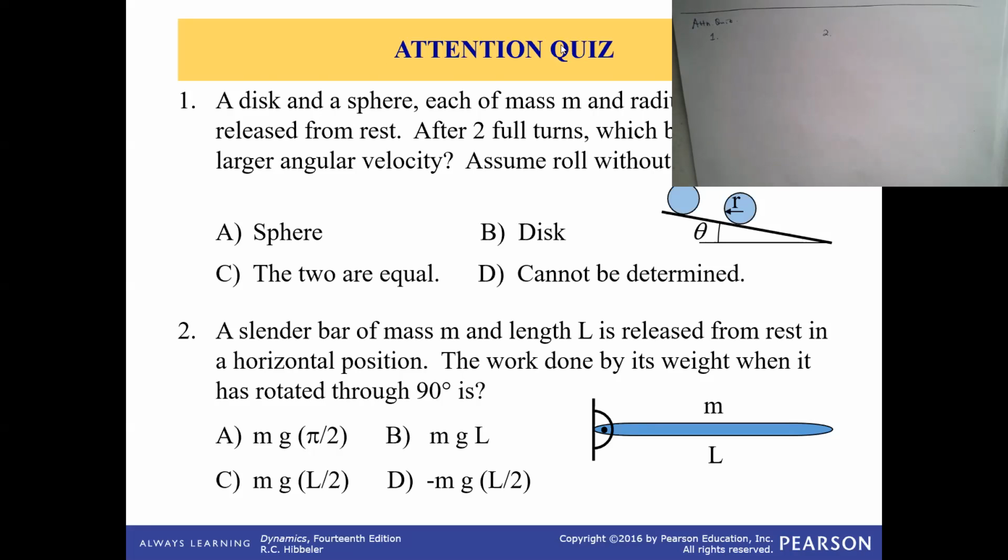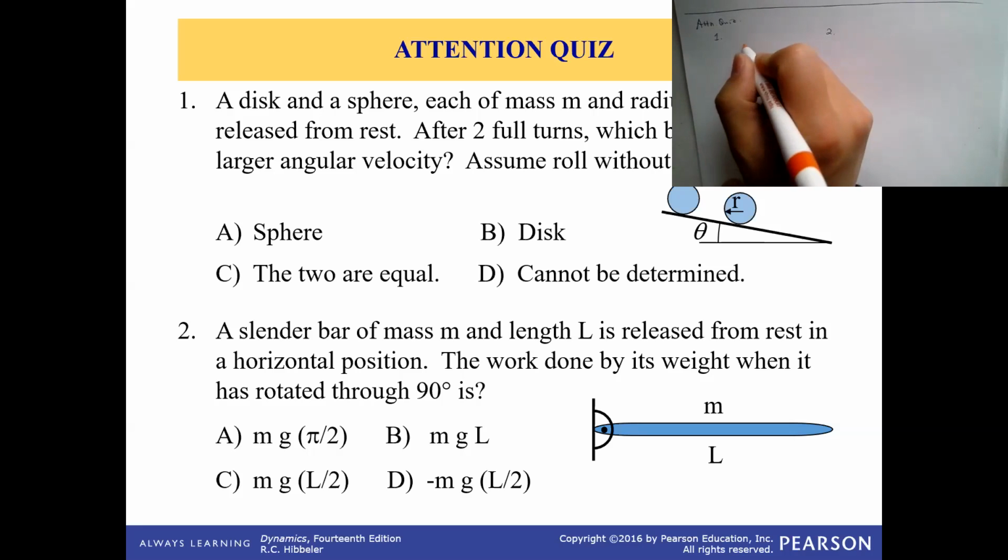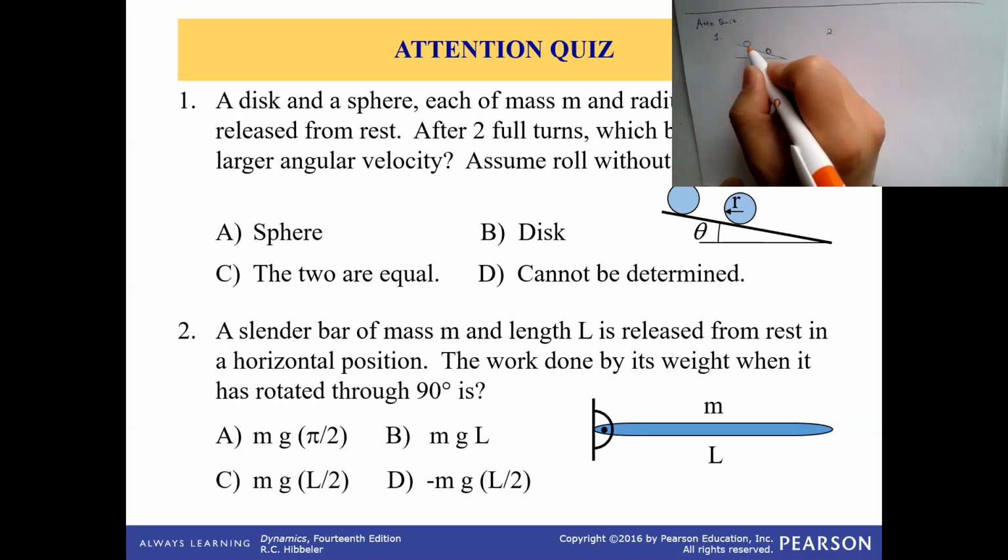All right, so let's see. The first one, a disk and sphere. It says both roll two full revolutions, or two full turns, which will have a larger angular velocity? Okay, so let's take a look here. If both roll down here for two full turns, then there's gravity here, and then there will be normal force.